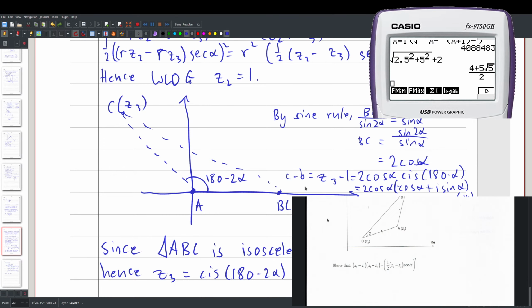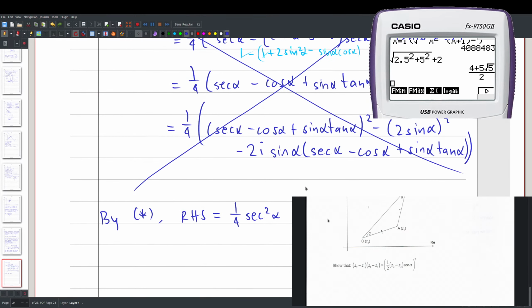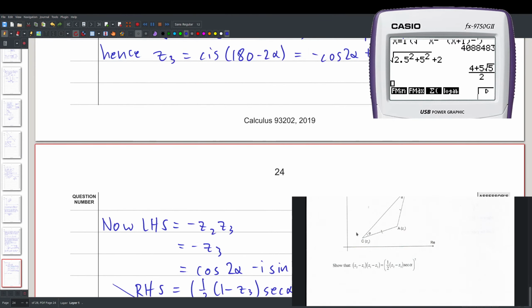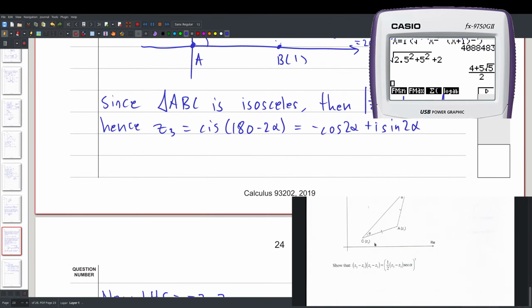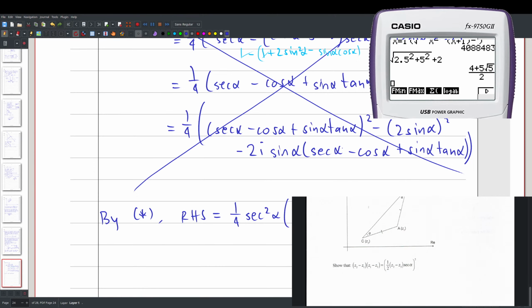So this is C minus B, right? But then you want B minus C, so the negative of that. So you want 2 cos squared alpha, 2 cos squared alpha minus 2 cos alpha sine alpha?